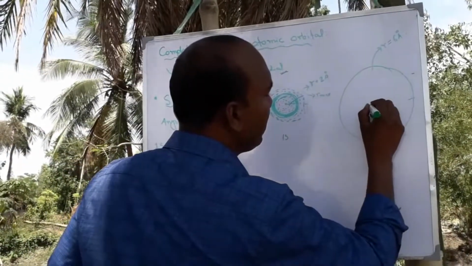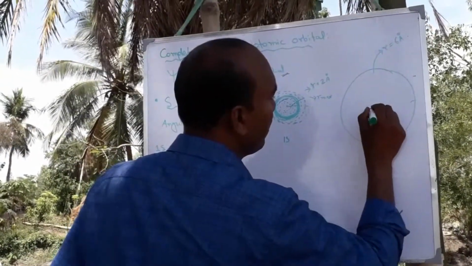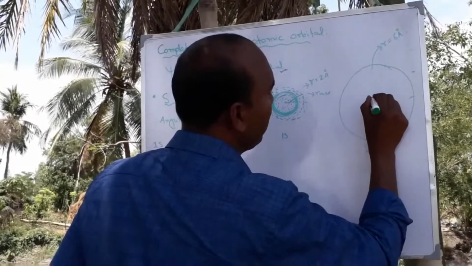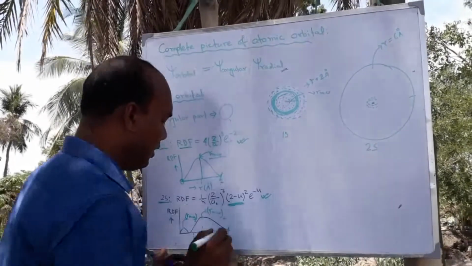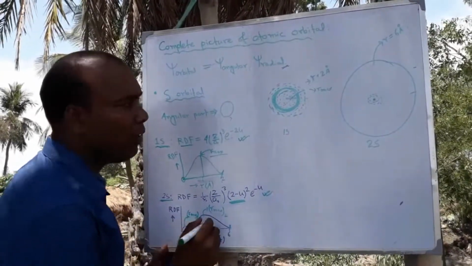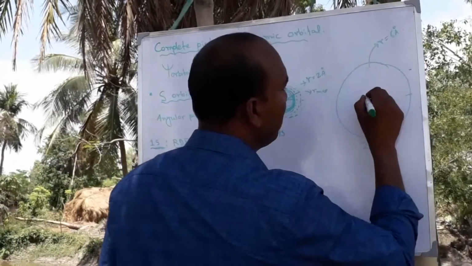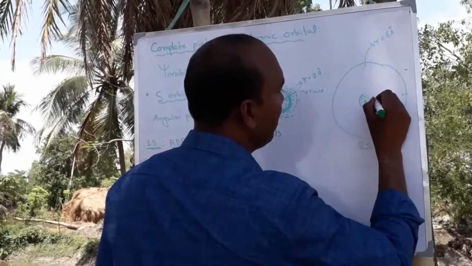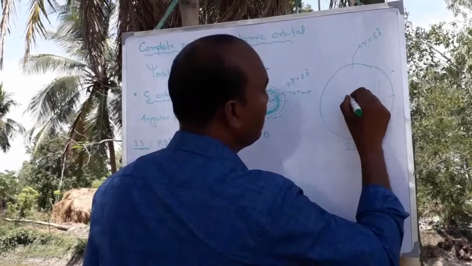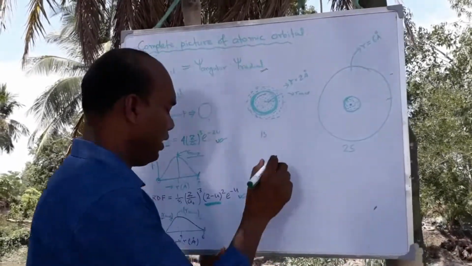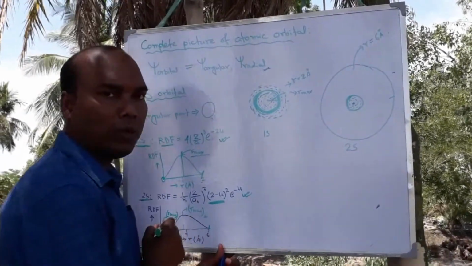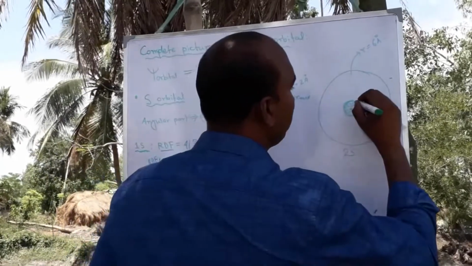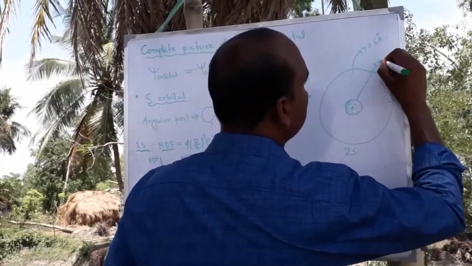With increasing distance, the electron cloud density will increase, then Rmax1 will come. Here the electron cloud density is locally maximum.